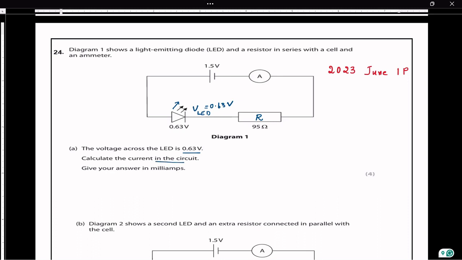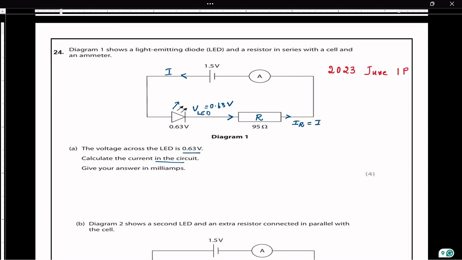So we know that from the cell of 1.5 volts a current is starting. Since LED and resistor R are connected in series, the same current I is flowing through the resistor also. Let us call it IR. IR and I, it is the same only.